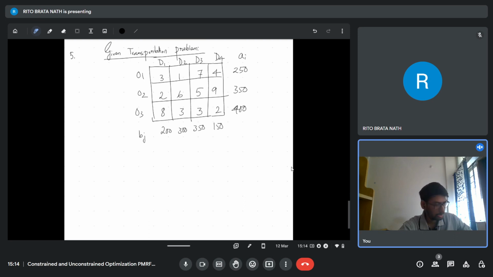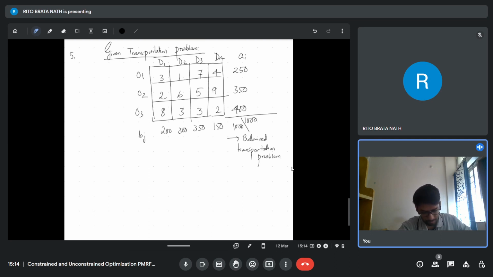First, let me check whether it's a balanced problem or not. So this adds up to 1000, and this one also adding up to 1000. So this is a balanced transportation problem. Okay, now let me solve this.